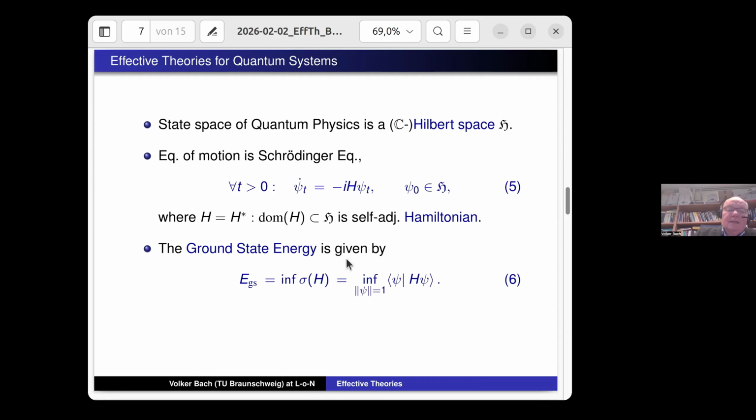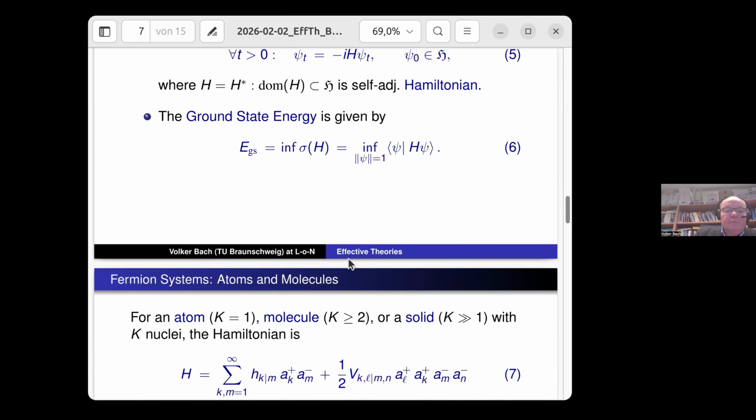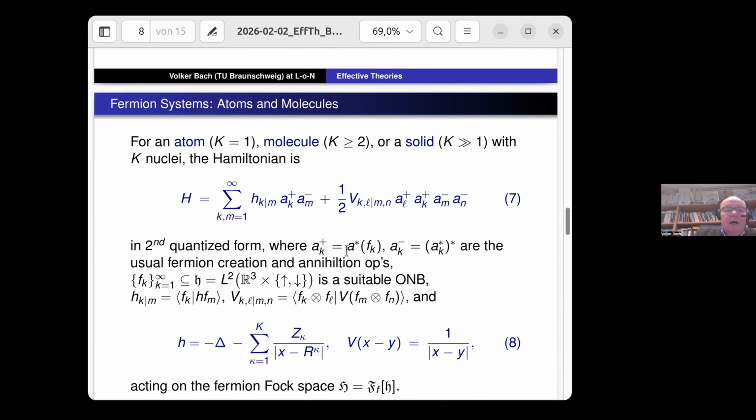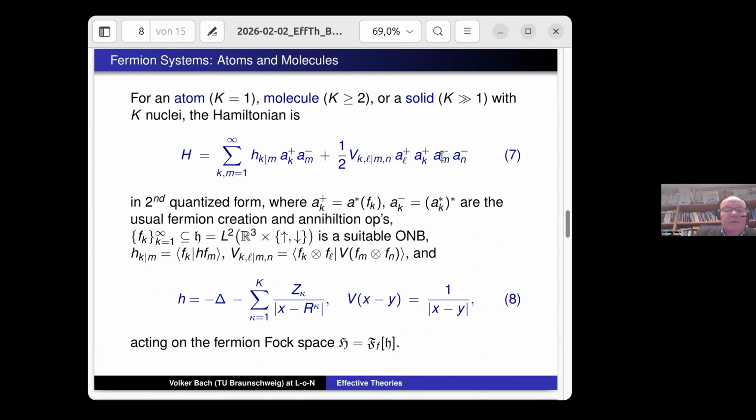So what is a typical H that I would want to discuss here? I look for fermion systems. Let me first focus on fermion systems. It's not clear whether I will come to boson systems later, but let's first start with fermions anyway. For an atom, capital K is equal to 1, for a molecule K is 2 or more, or in case of a solid, K, the number of nuclei, is really huge.